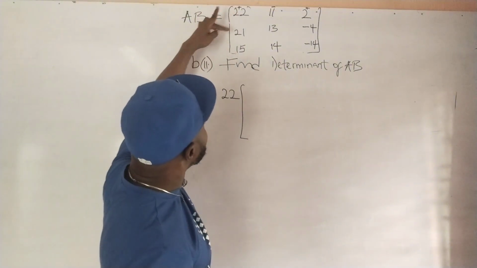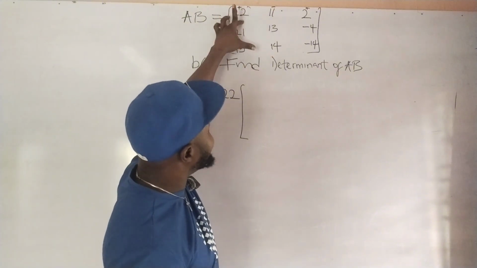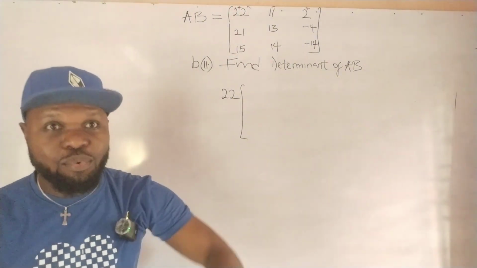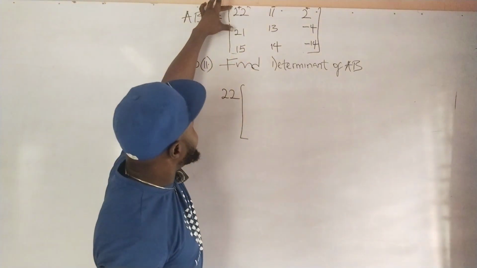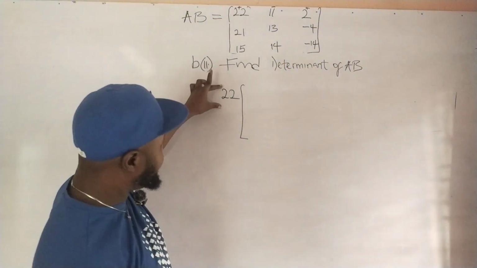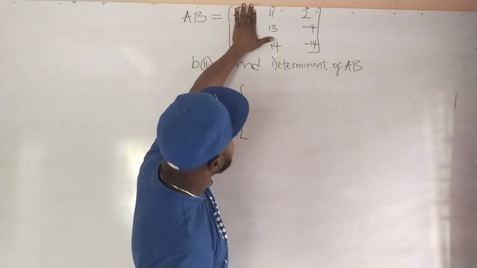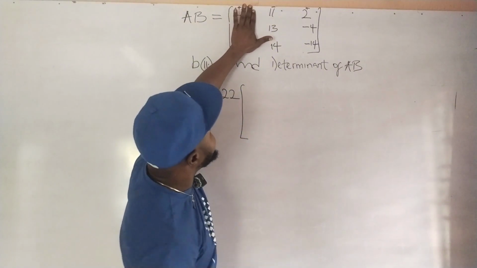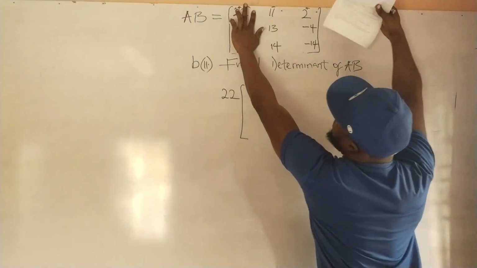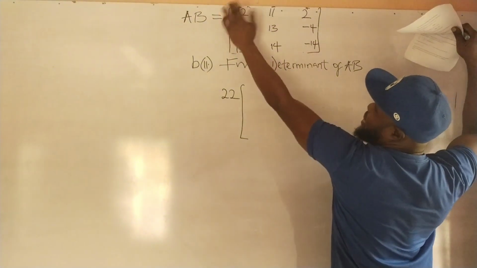Now you see the row of this element and the column of this element, you need to make them invisible. This is the column, this is the row of 22. You know we are making use of 22. Then make it invisible, like we are not seeing it again. You understand? And the column too, and the row too, the row of this 22, you need to make it invisible.